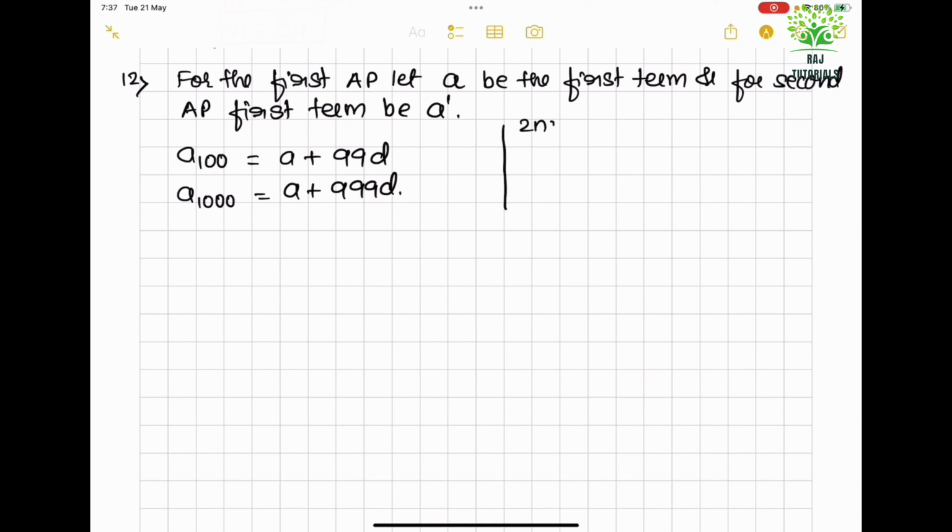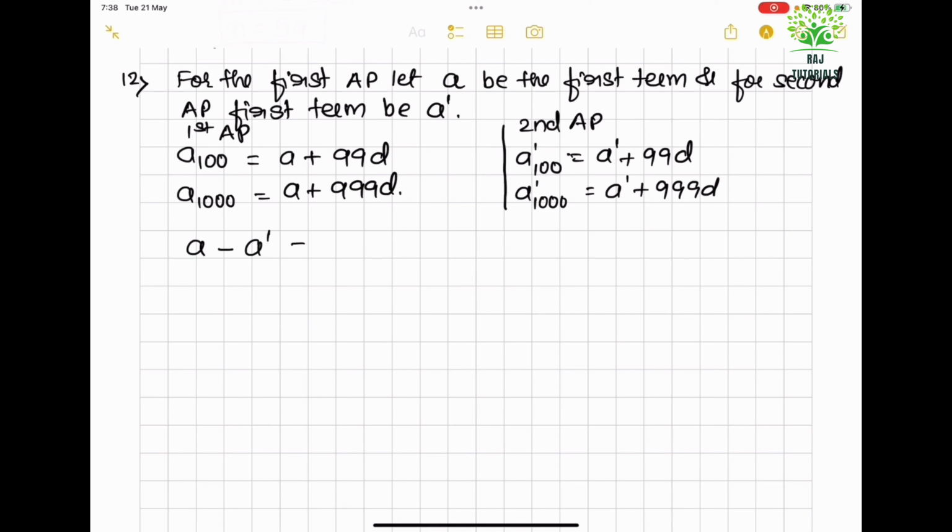Now for second AP, let me write here first and second so that you understand. A dash 100 will be a dash plus 99d, and A1000 dash equal to a dash plus 999d. Given me the difference between 100th term is 100. So can I say a minus a dash equal to 100?